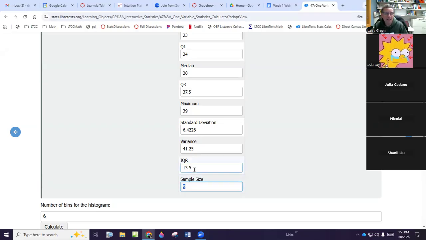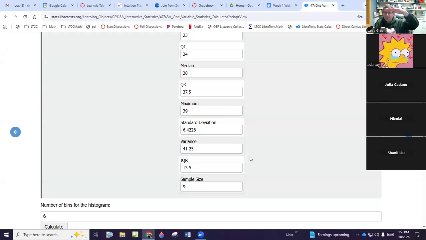Do you want me to repeat IQR? IQR is the third quartile minus the first quartile. The third quartile is the top 75%. The first quartile is the lower 25%. So if you look at the range from the lower 25% to the top 75%, that range will be the IQR.